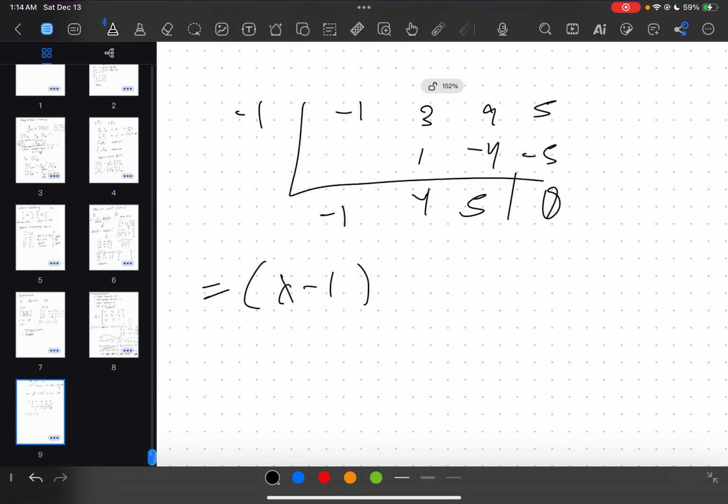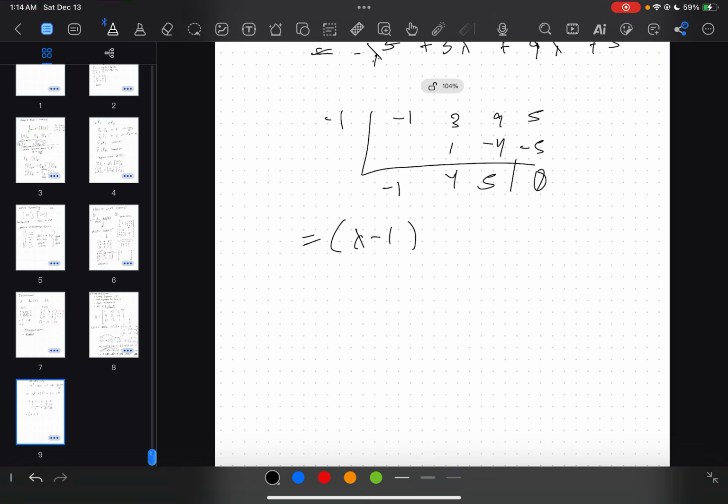You can optimize it, but then we have negative 5, 1.